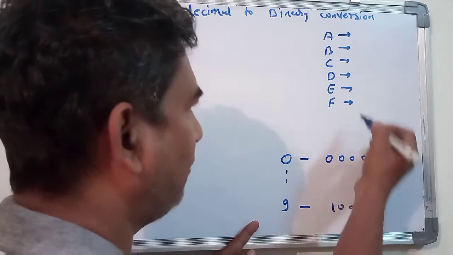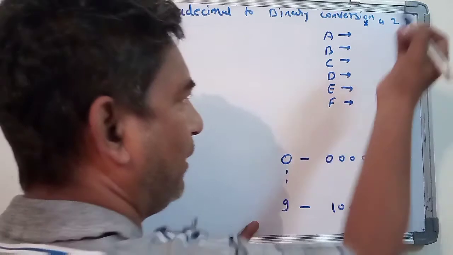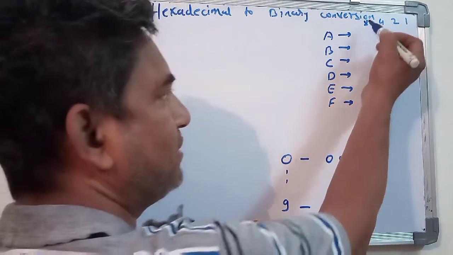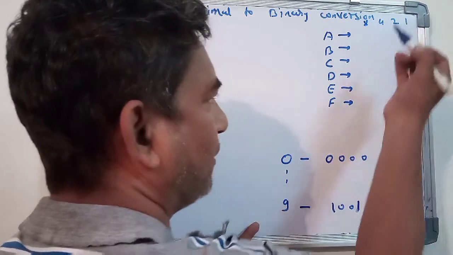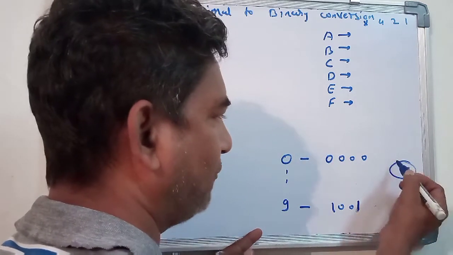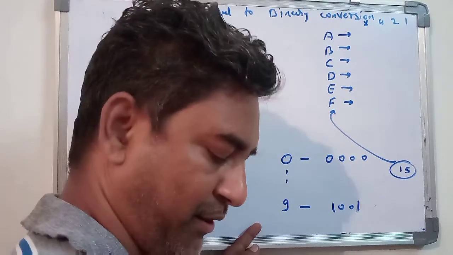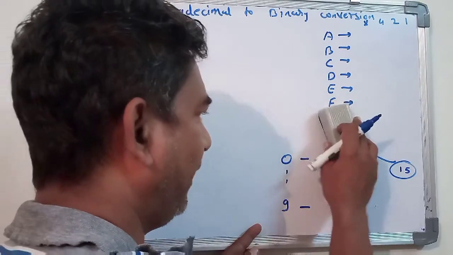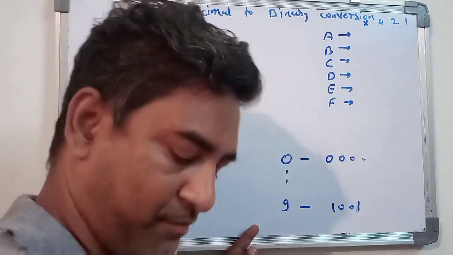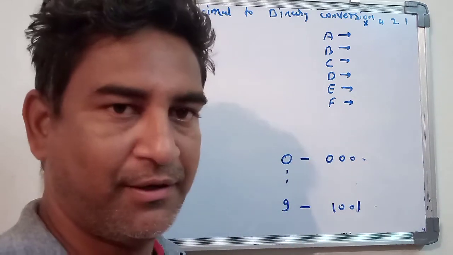Then you have to follow 8, 4, 2, 1. As in the previous class, I told you that 8 plus 4 plus 2 plus 1 gives 15, and this 15 is considered as F. F is treated as a hexadecimal number and 15 is a decimal number.